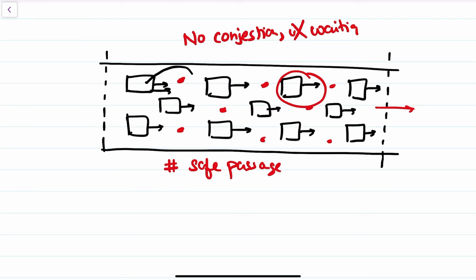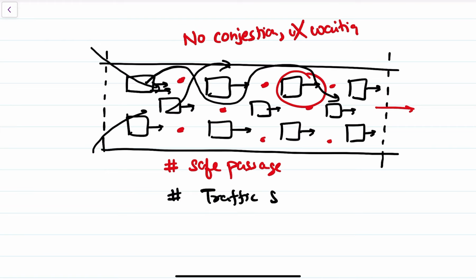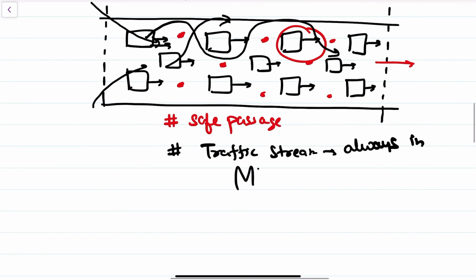There is the general weaving action taking place. If there is any merging or diverging between the traffic, that is also taking place in a very safe and sound manner. And the traffic stream is always in motion.